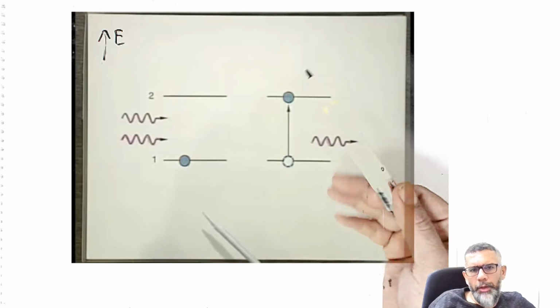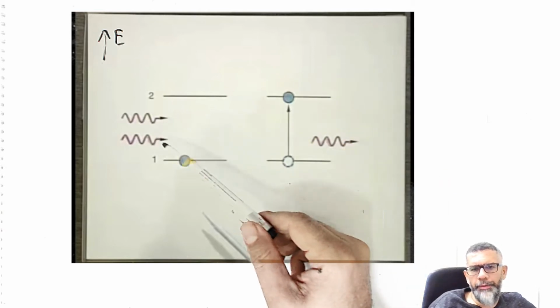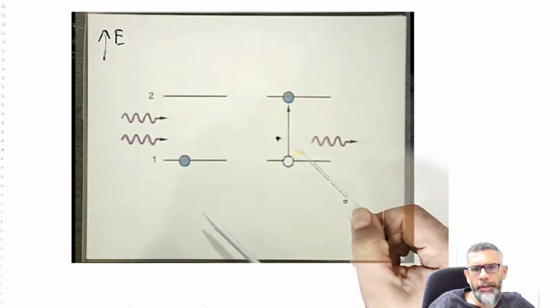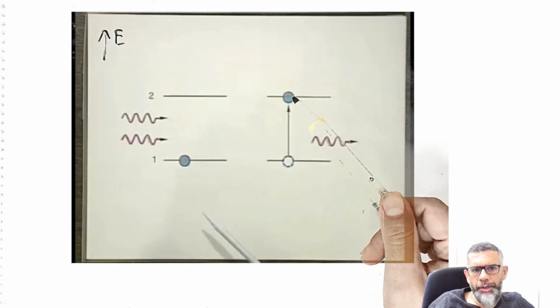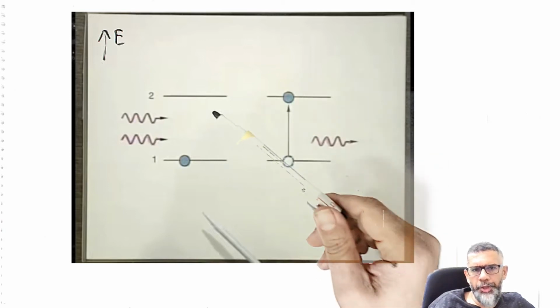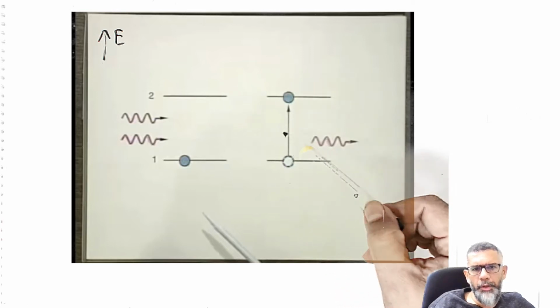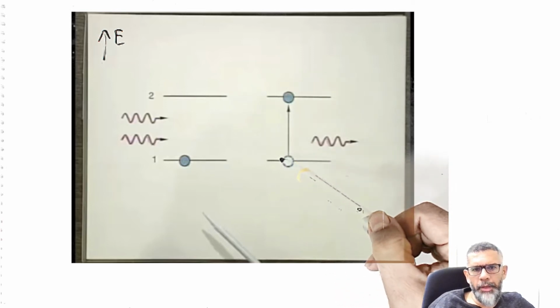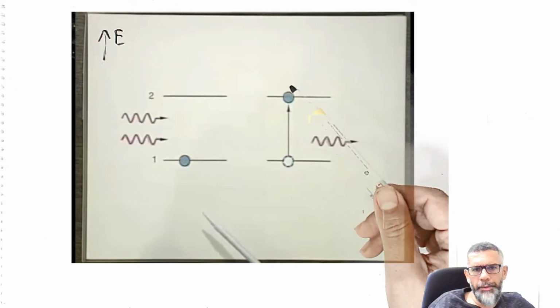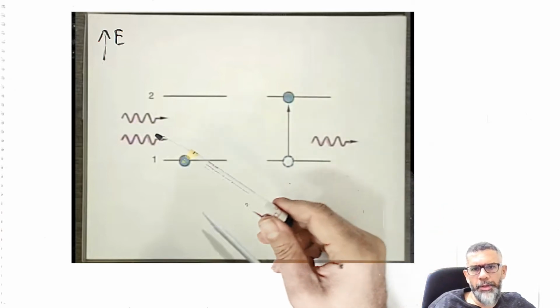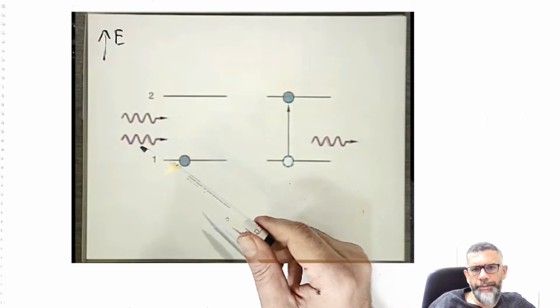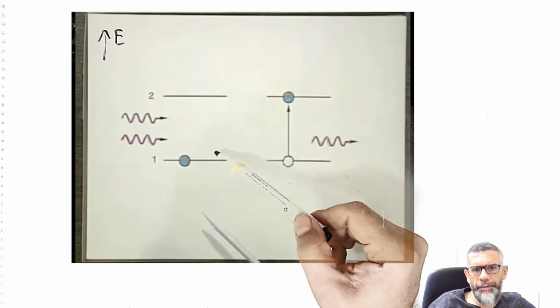So what happens? The energy of the photon is absorbed by the electron, and since it has extra energy, it can move to higher energies. If its extra energy is just enough to cover this energy gap, then it jumps into the second energy level. That means one of the incoming photons has just this energy difference.